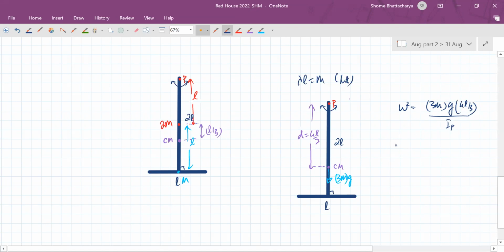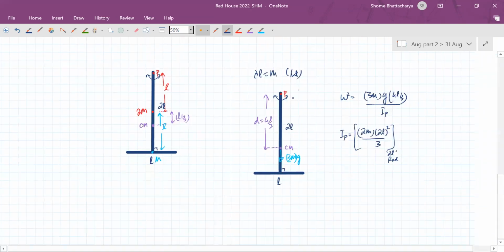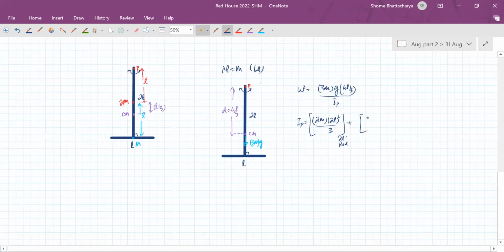So now moment of inertia over that point P is going to be 2m (2L) square by 3 for the 2L rod, plus ml square by 3 plus m into (2L) whole square by parallel axis theorem for the L length rod.